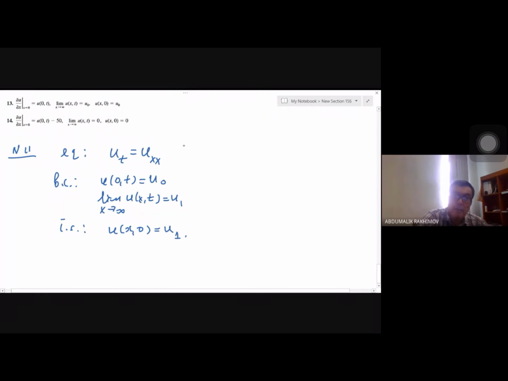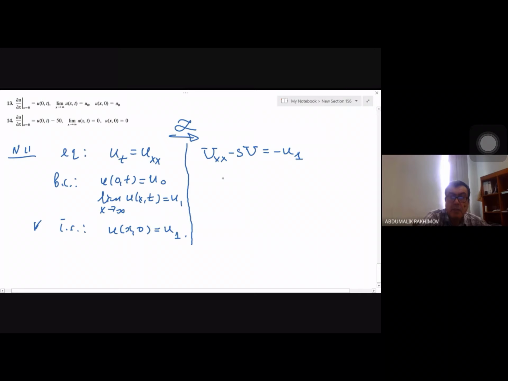Now let me transform this problem. I will transform this using Laplace transformation. So what will happen with the equation? uxx is uxx, right? What is ut? Ut is sU minus u(x,0), right? So sU I can shift here, minus sU is equal to minus u1. So this will be the transformation. I use the equation and initial condition, right? So Uxx minus sU is equal to minus u1.